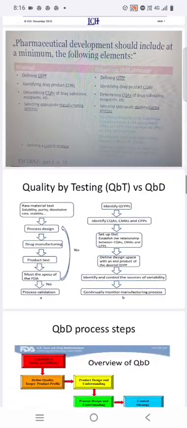Now, quality by testing versus quality by design. To identify first the QTPP, quality target product profile, identify CQA, critical quality attributes, CMA, critical material attributes, and the CPP, critical process parameters. Set up the DOE, design of experiments, to establish the relationship between the CQA, CMA, and CPP.